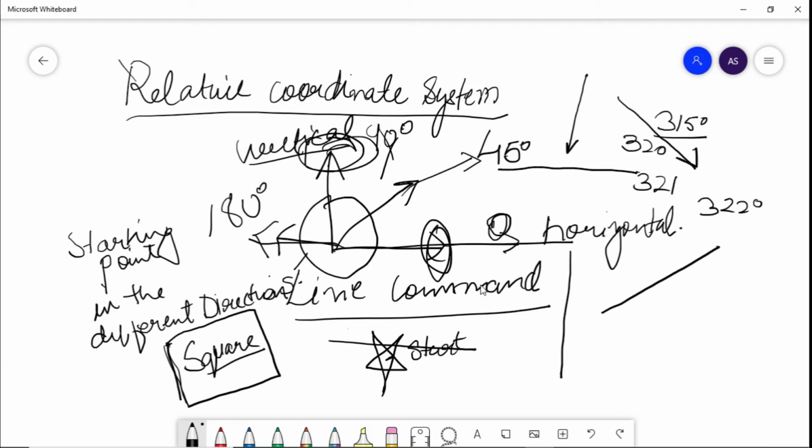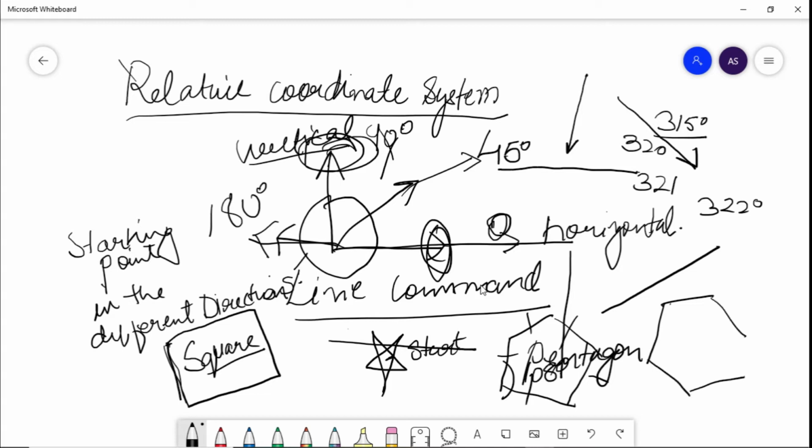Drawing a line in different directions, I have got the shape of a pentagon, a five-sided figure which has an angle of 108 degree. And drawing a line in different directions, I've got a hexagon. So by drawing the lines, you get plenty of figures, or a combination of different lines and combination of different shapes.